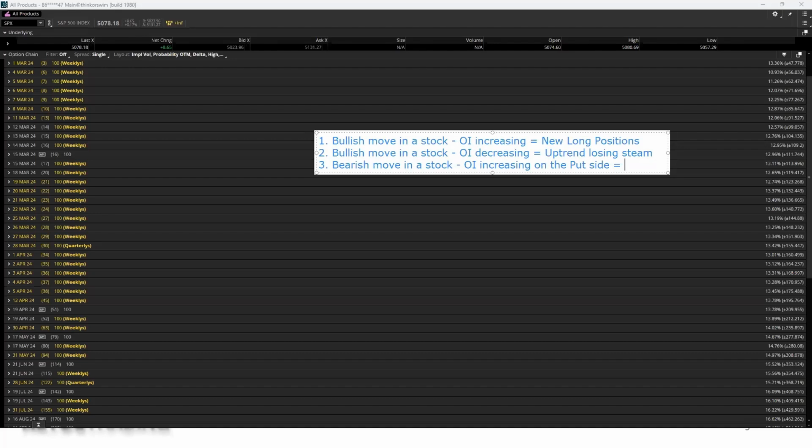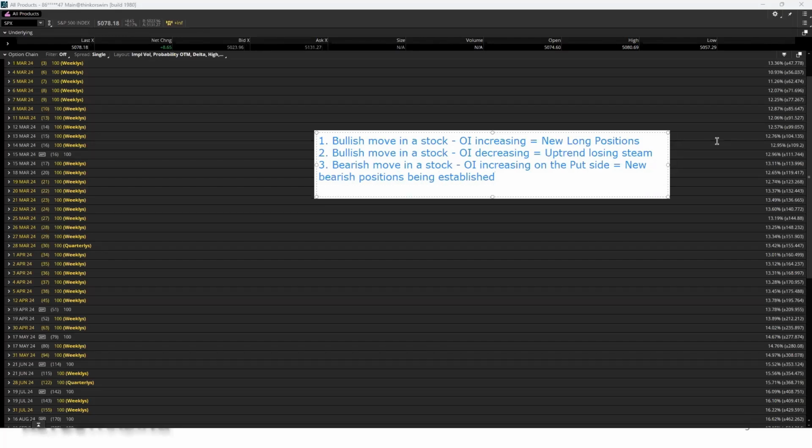It would indicate that there are new bearish positions being established, right? Because people are buying puts. And often when this happens, we see sell-offs accelerate or gain steam, or we see a bull trend reverse to a bearish trend as the stock starts to move down while simultaneously open interest starts to go up on the put side of the chain.